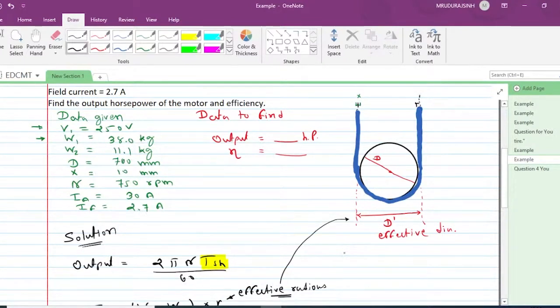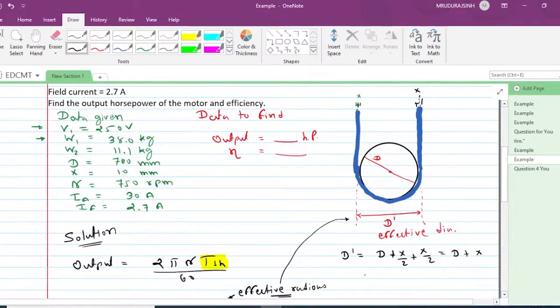So to calculate the effective diameter, we can write the equation as total diameter D plus the thickness x by 2 plus x by 2, so it's D plus x. D is 700 mm and x is 10 mm, so the total is 710 mm.